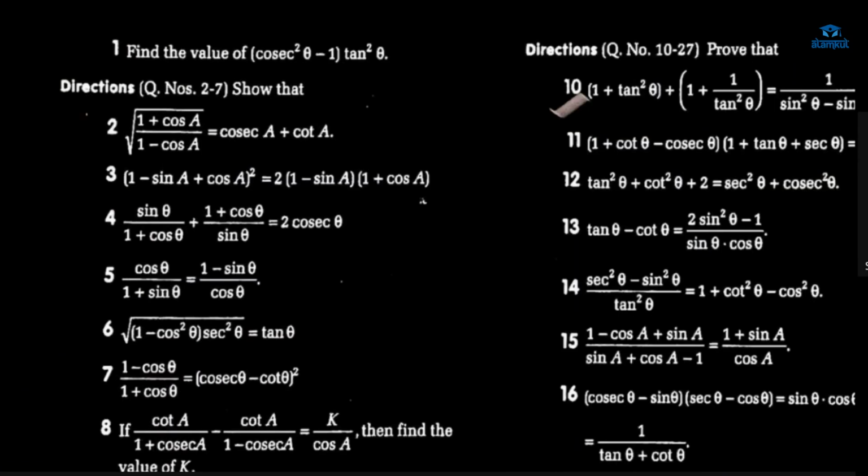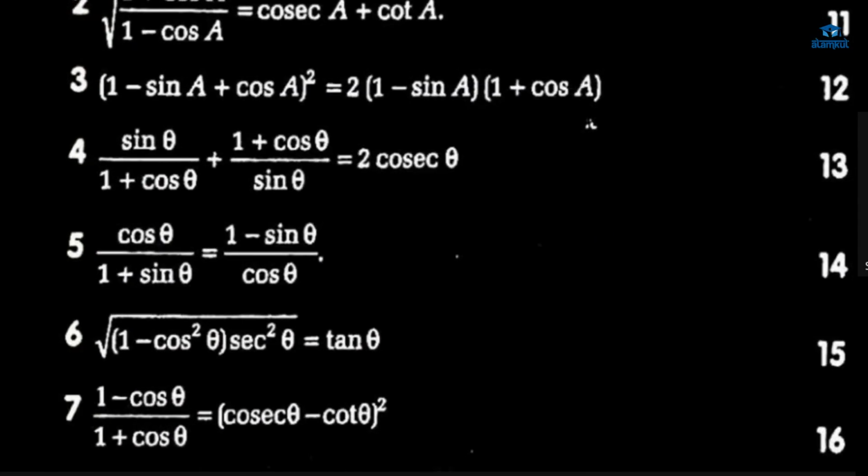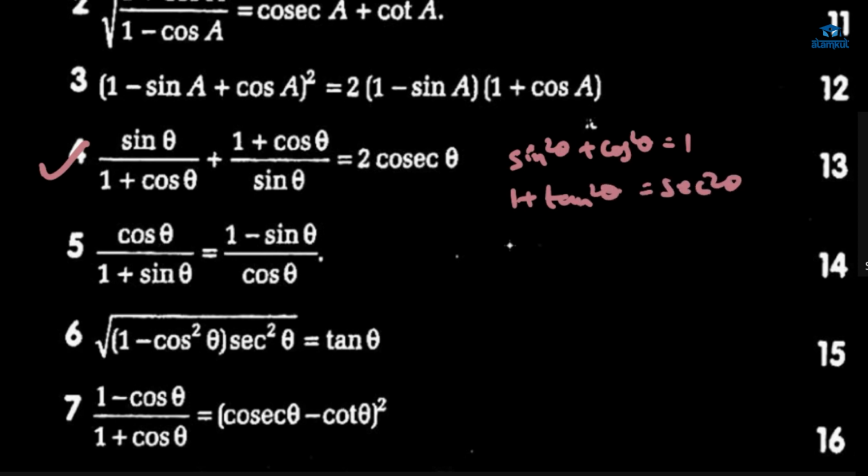Now, which question would you like to do? Fourth one? Try this and try to solve this. You have only three formulas: sine square theta plus cos square theta is equal to 1, 1 plus tan square theta is equal to sec square theta, and 1 plus cot square theta is equal to cosec square theta.